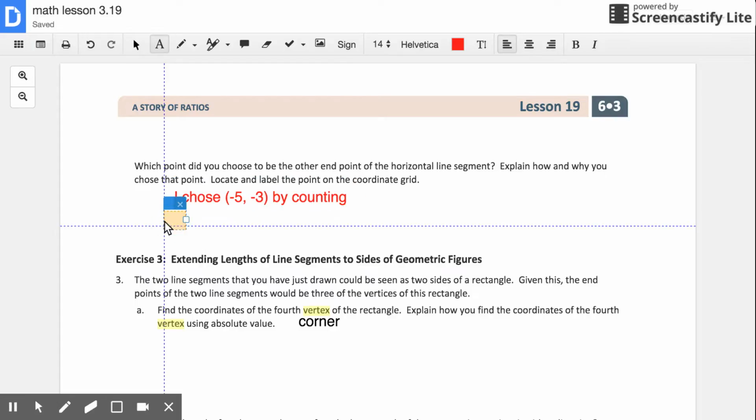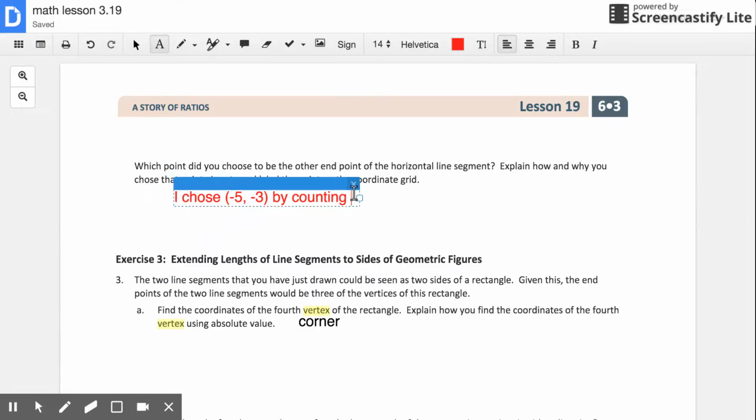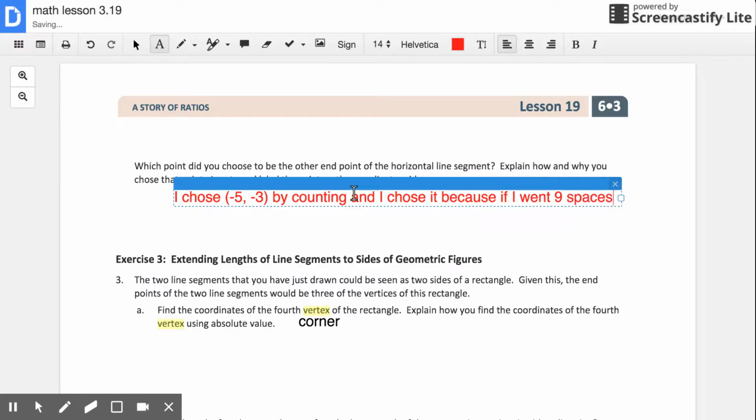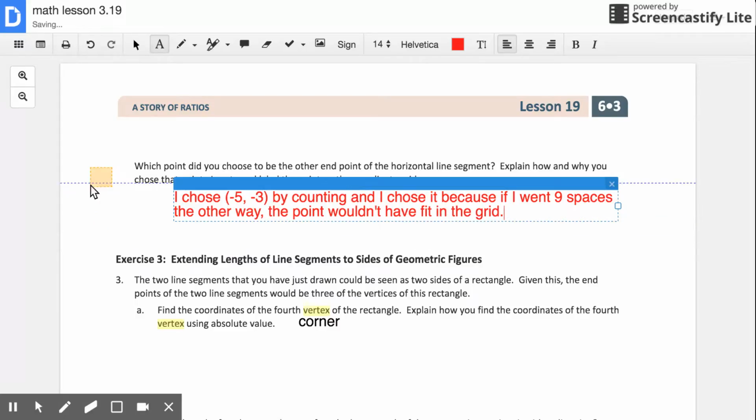Let's see, what else does it say? Locate and label the point, and we already did that. Oh, I did it by counting. And explaining is important.